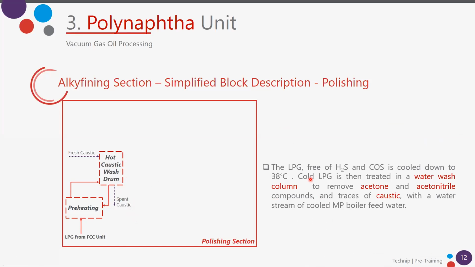Then the LPG without H2S and COS is cooled down to 38 degrees, and then it's treated in a water wash column to remove the oxygenate acetone and the nitrogen compounds and traces of caustic with a water stream of cool medium pressure boiler feed water.